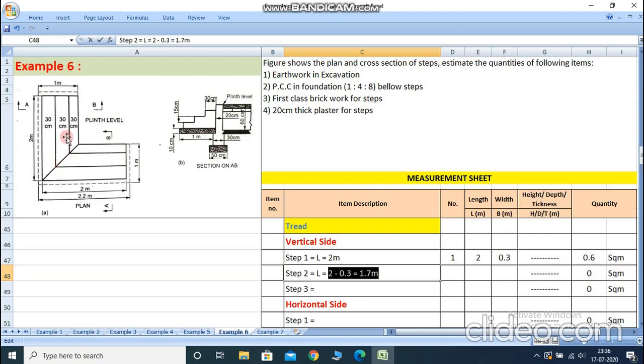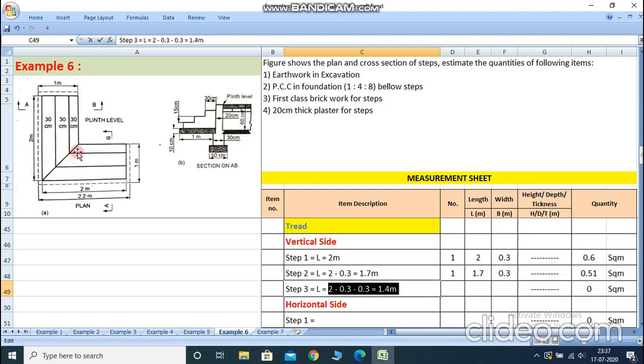Here the plaster work is calculated only for this portion. So 2 meter minus 0.3, here 1.7 meter. The number is 1, the length is 1.7 meter, and the width is 0.3. And for step 3, the length is equal to 2 meter minus 0.3 minus 0.3.